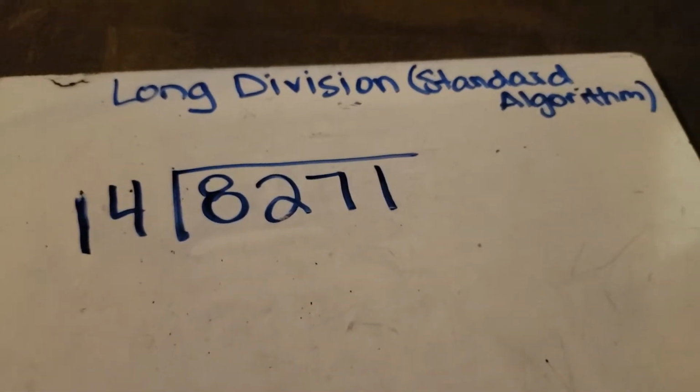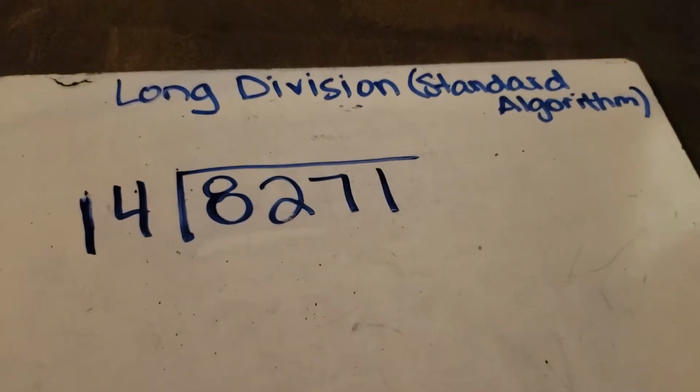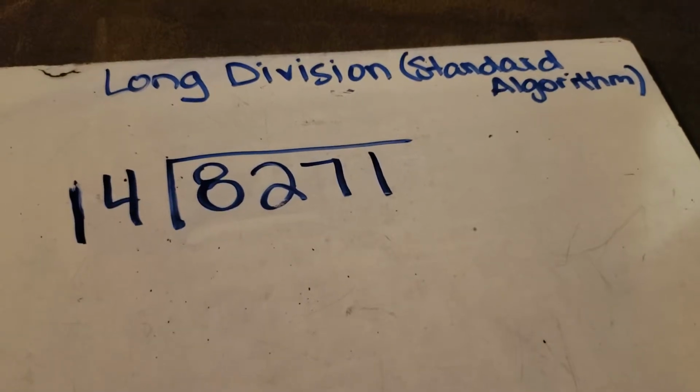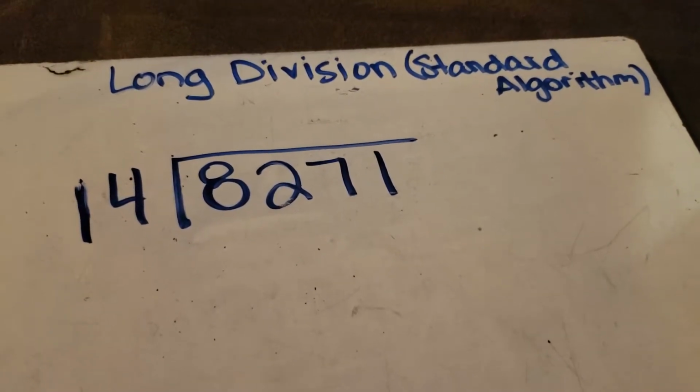Okay, so there's several ways that students could do this to figure out how many times they'll go into 82. The most efficient way would be for them to use some estimation and just kind of see how close.